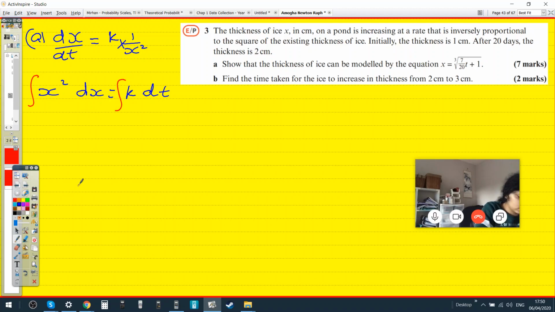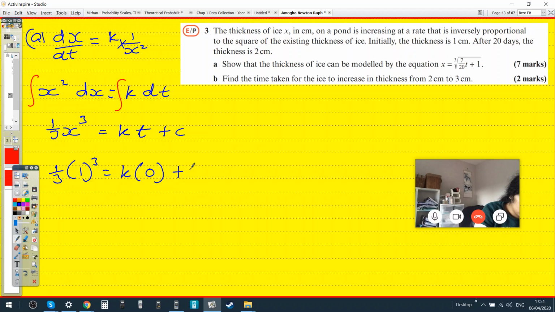You'd have x cubed over 3 is equal to kt plus c. And it says initially the thickness is 1 centimeter. So 1/3 is equal to c.